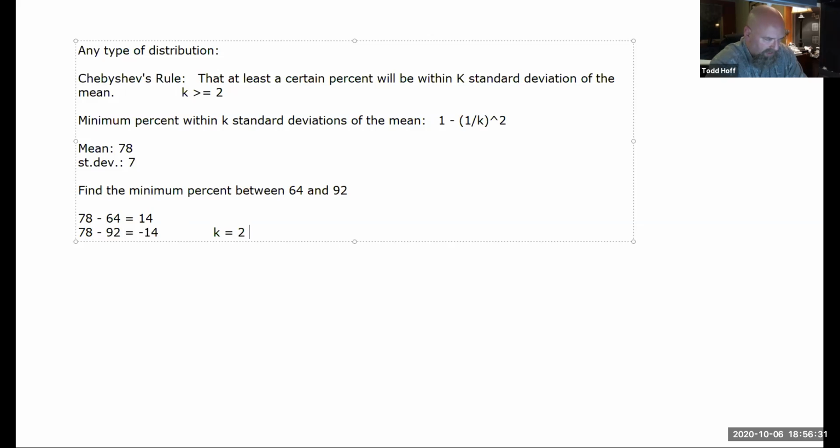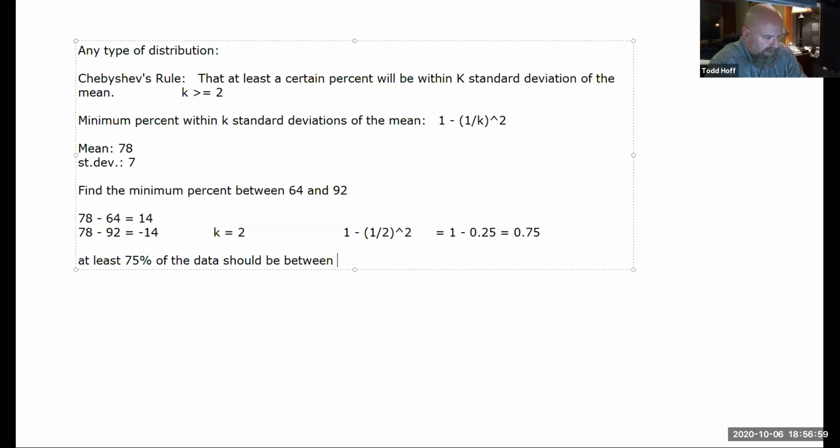So that's 1 minus 1 divided by 2 squared. Well, 1/2 squared is 1/4, or 0.25. 1 minus 0.25 is 0.75. So that's saying at least 75% of the data, even if it's not normally distributed, should be between 64 and 92. That's Chebyshev's rule. It applies to any data set, even if it's not normally distributed.